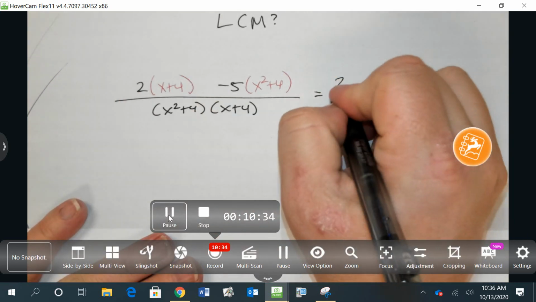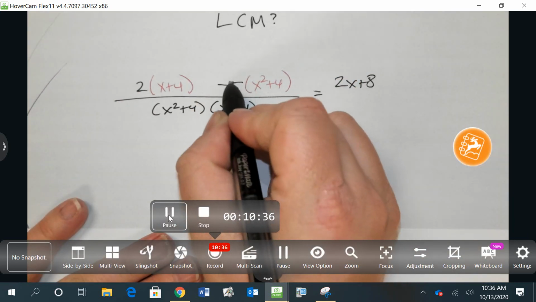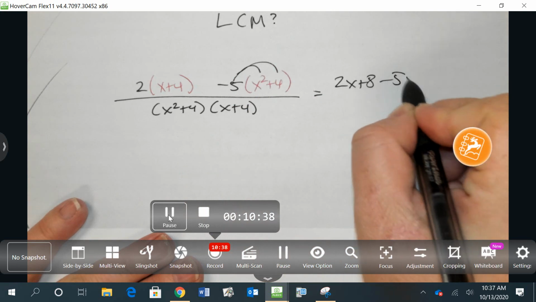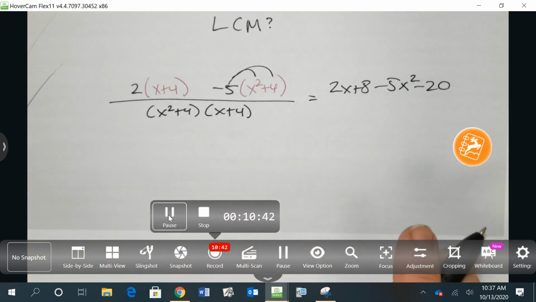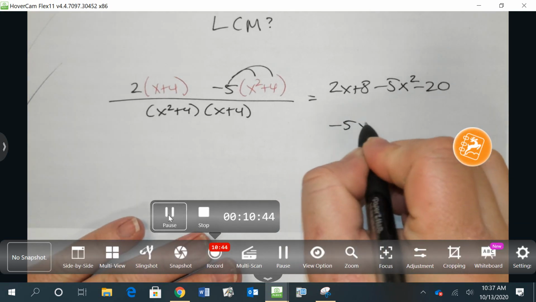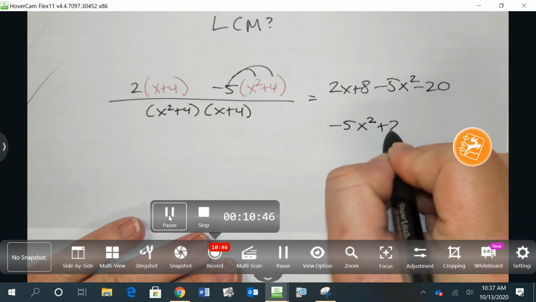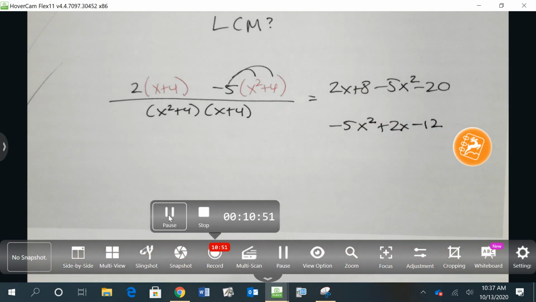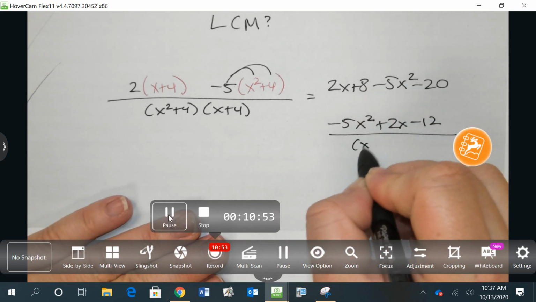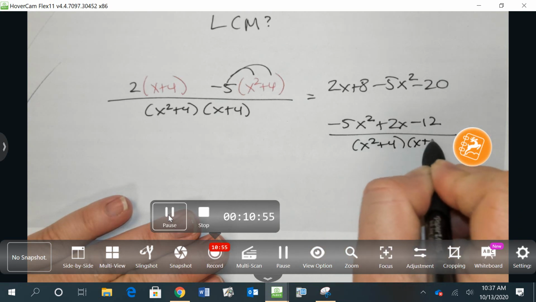I'm going to distribute 2x plus 8, and take that negative sign with it, minus 5x squared minus 20. And now I'm going to combine like terms in the numerator. Negative 5x squared plus 2x minus 12. And that's all over x squared plus 4 and x plus 4.